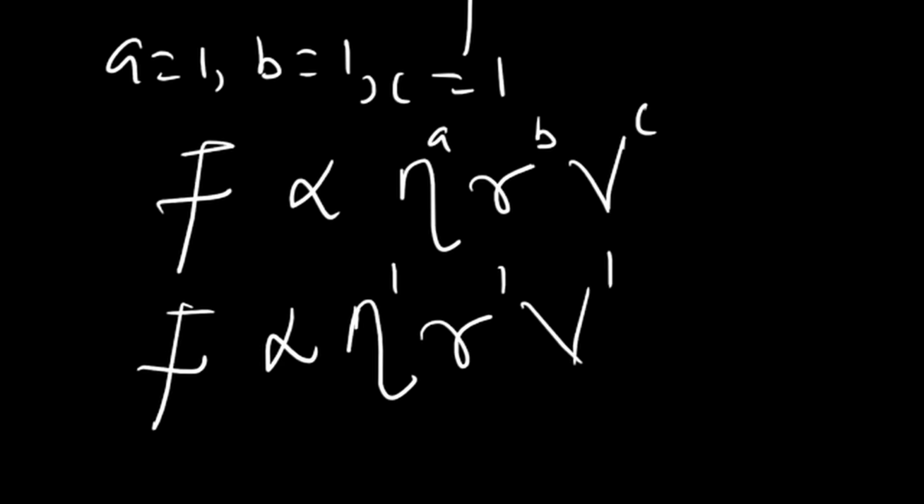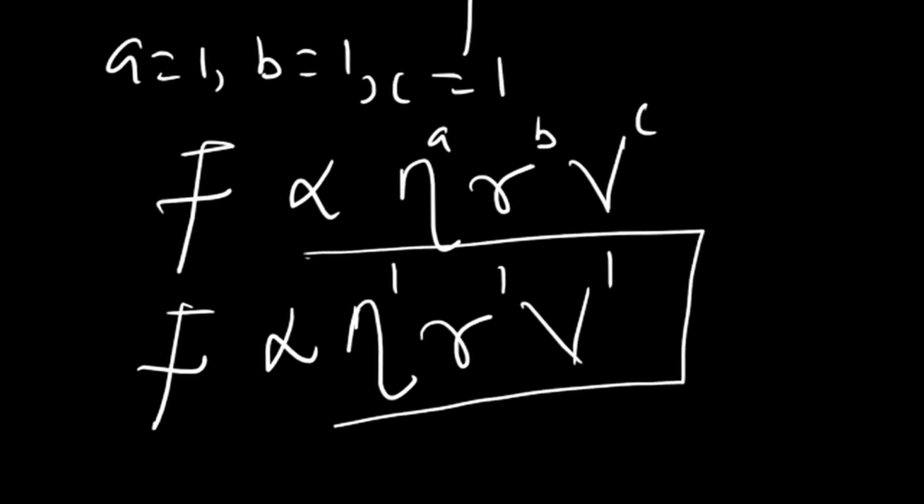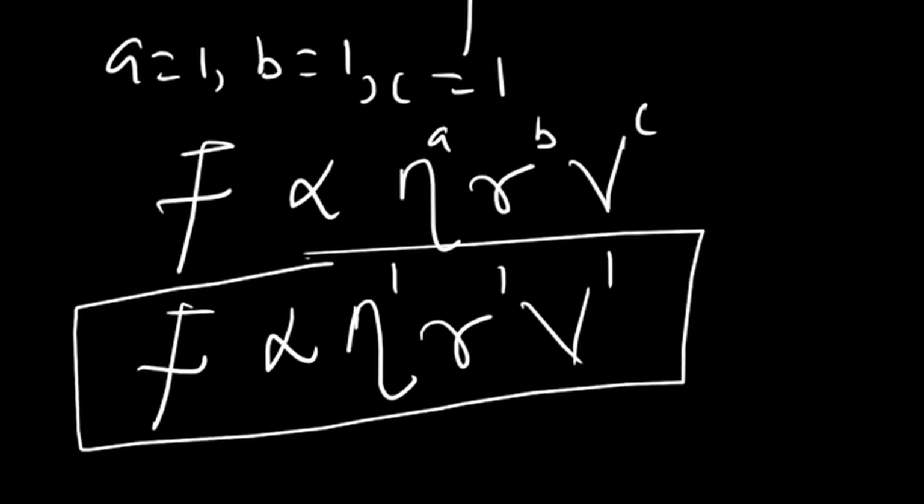Okay, so since the values are just the same, like 1, 1, 1, it means that the equation is going to be something like this. It's not going to be in a square root form. It's not going to be in a fraction form. It's just going to be in a linear form.